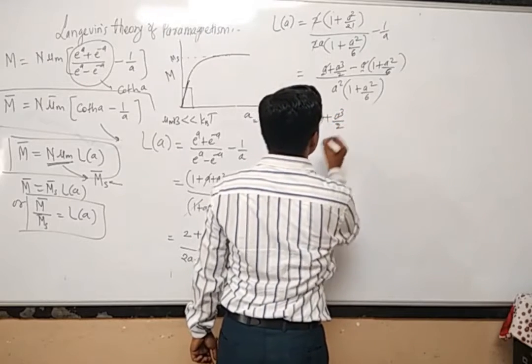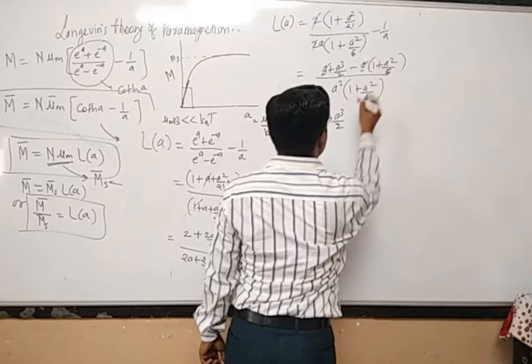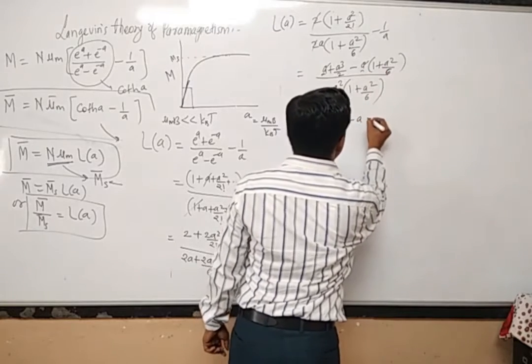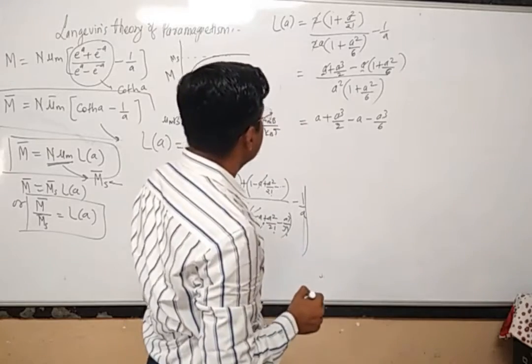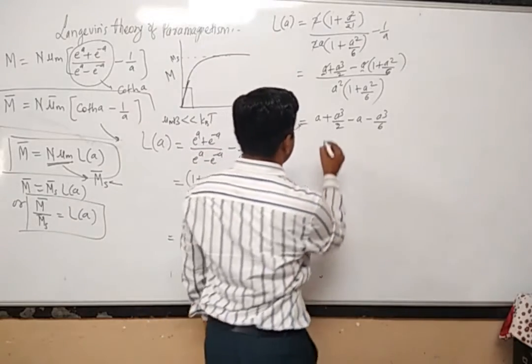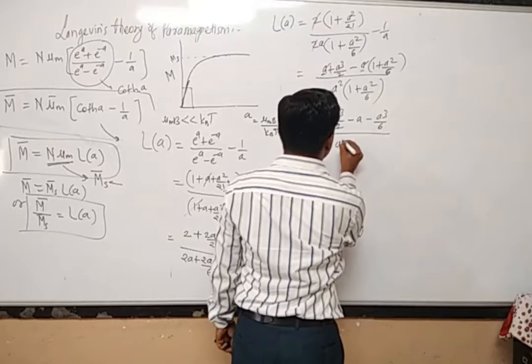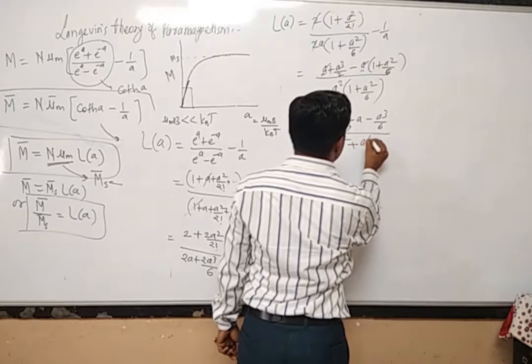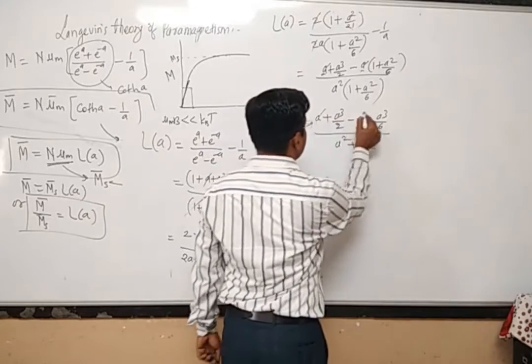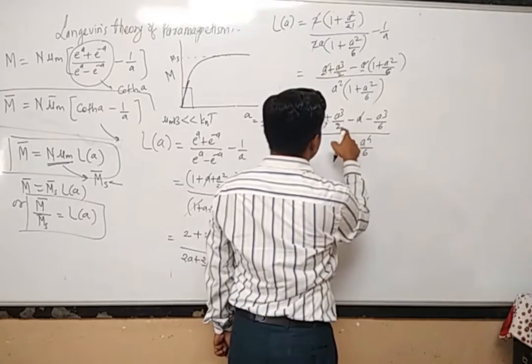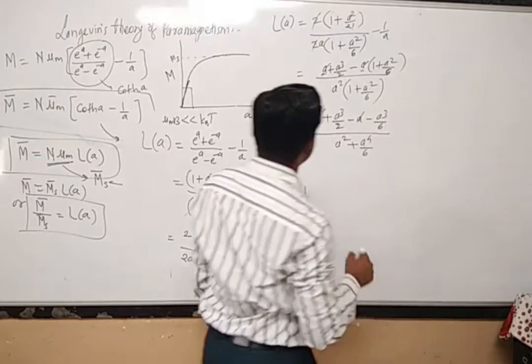So A cube by 2, let us multiply minus A and minus A cube by 6, minus A cube by 6, correct. And in the denominator it will be A square plus A raised to power 4 divided by 6. Now plus A minus A will get cancelled. A cube by 2 minus A cube by 6.